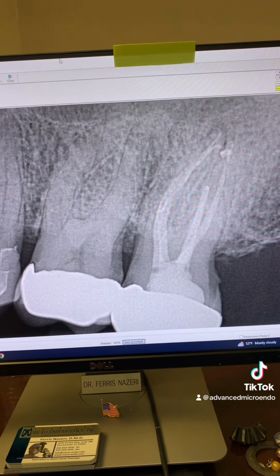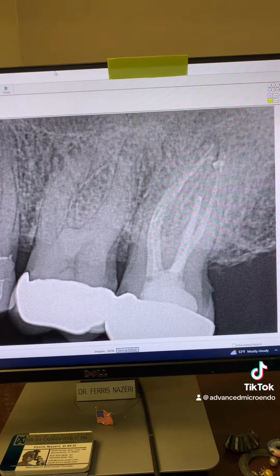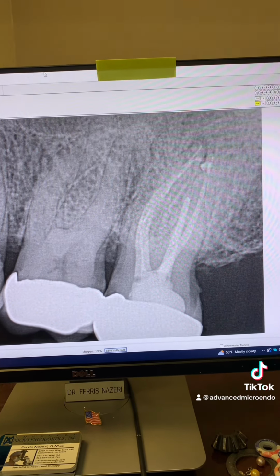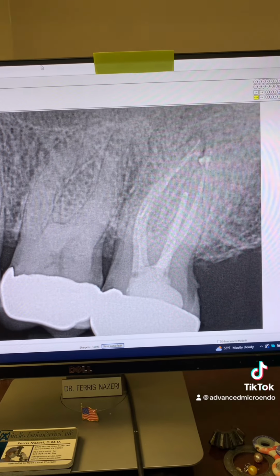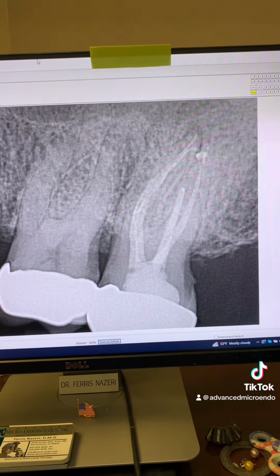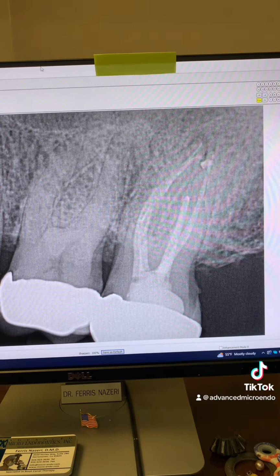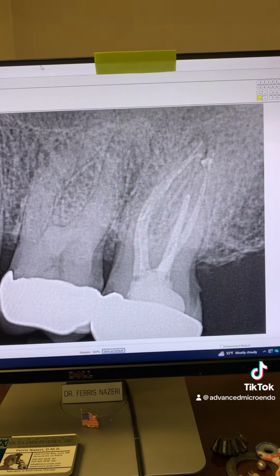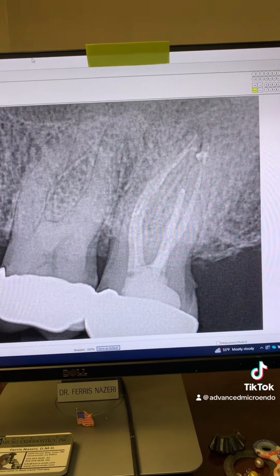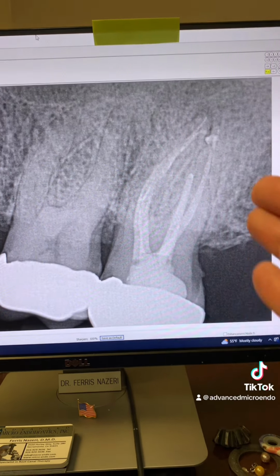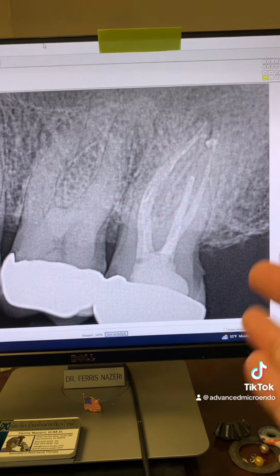Some people say you need to place an MTA plug, but you can't fill the rest of the canal with gutta percha and sealer because the MTA hasn't set yet. So you need to bring the patient back a day or two later, so that the MTA has set, then you can fill the rest of the canal with gutta percha and sealer. Again, you can see that is not the case.